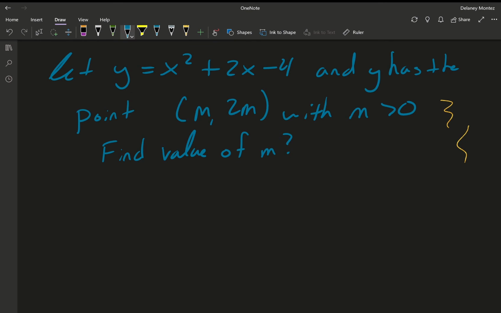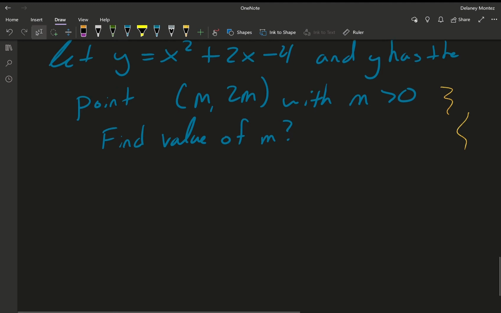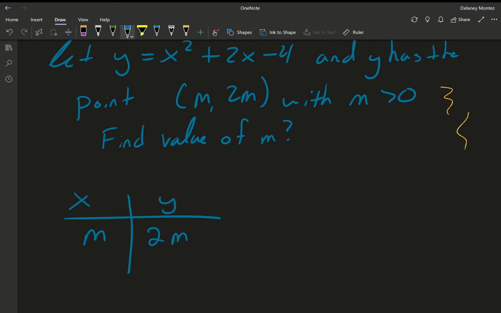So you have this function here, y equals x squared plus 2x minus 4, right? And you know that your input is m, and your output is 2m, x and y. We don't know what these numbers are, we just know that this is true, and m is greater than 0. So this number here must be greater than 0.